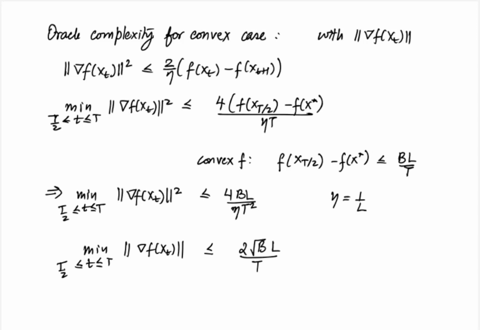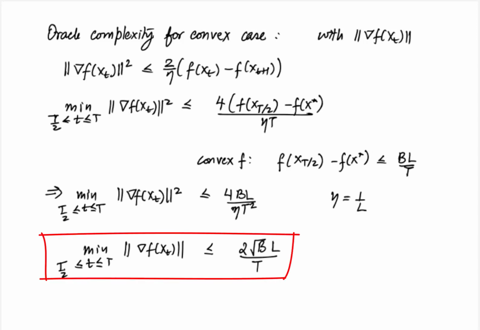So we have been able to do a slightly different analysis of the gradient descent so as to get a slightly different kind of result, but this kind of result allows us to compare it with the general result. So recall that the general result was minimum of the gradient over 1 to capital T is less than or equal to square root of 2bf L by T. Let us ignore the dependence on the problem parameters. Also, there is a minimization of the gradient norm from 1 to capital T in one case and from T by 2 to T in the other.